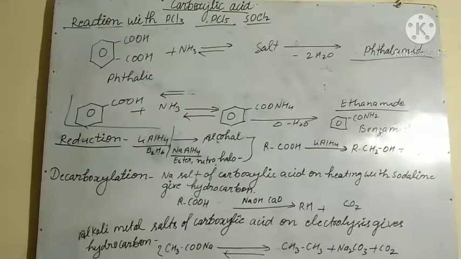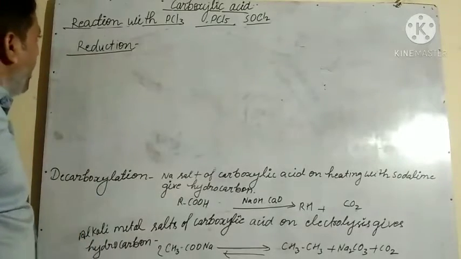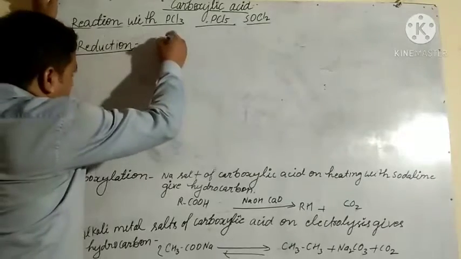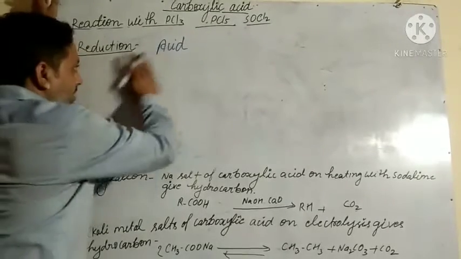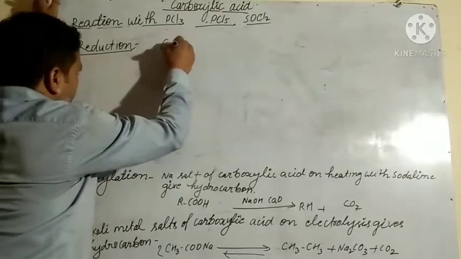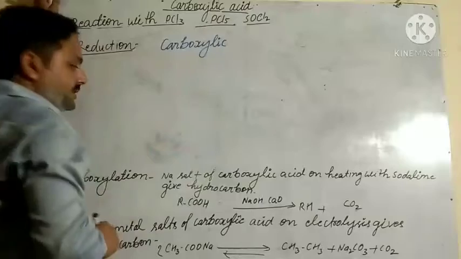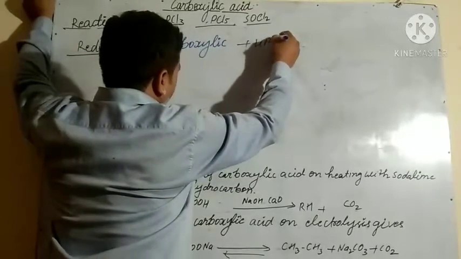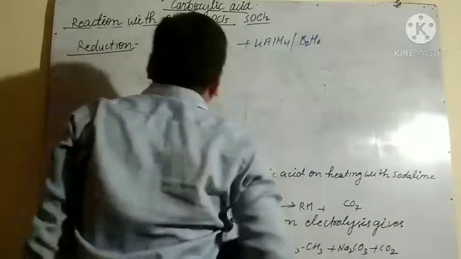Next is reduction. Reduction of acids. Carboxylic acid can be reduced by using lithium aluminum hydride or B2H6 diborane.